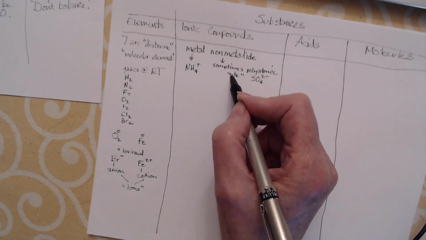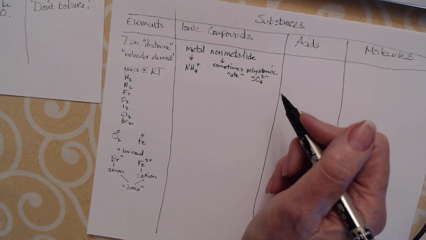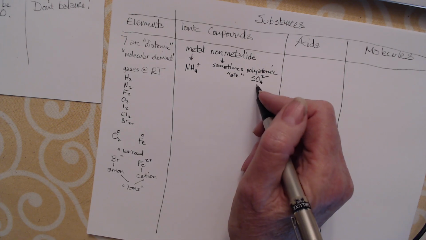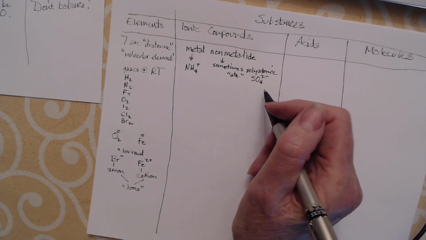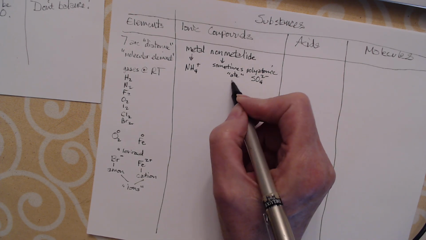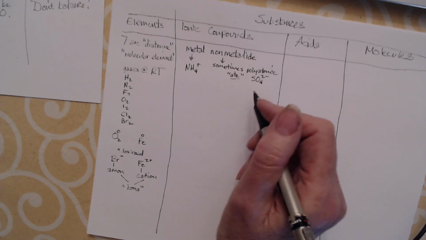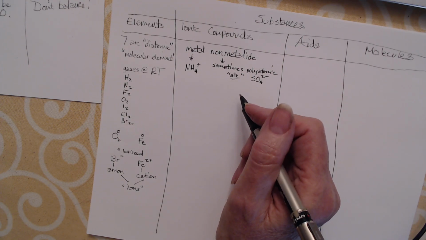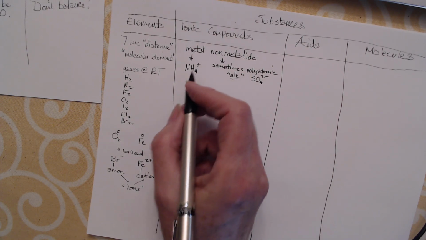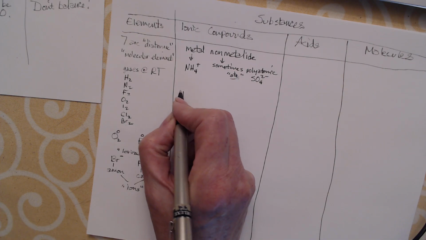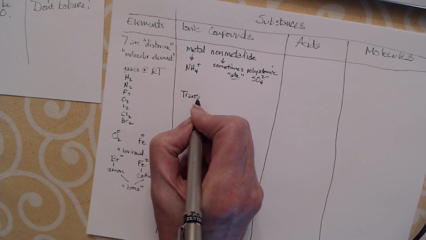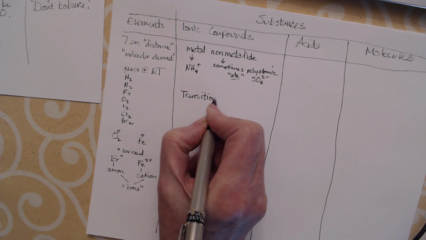Everybody else has a negative charge on them. And we know we've got the hydroxide ion, right? We've got the acetate ion, and then all the -ates. So we've got those. The only other thing we need to know about ionic compounds and their naming is our transition metals.